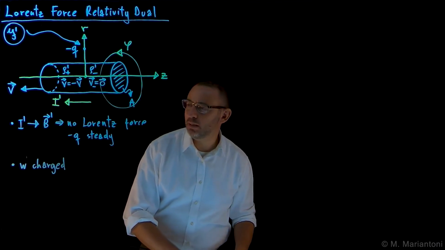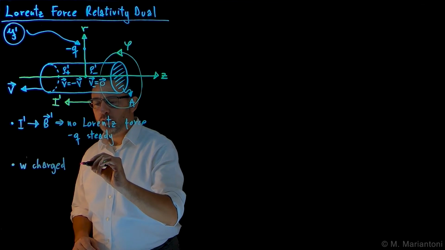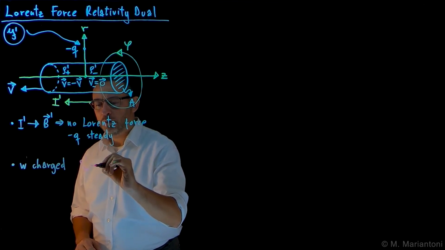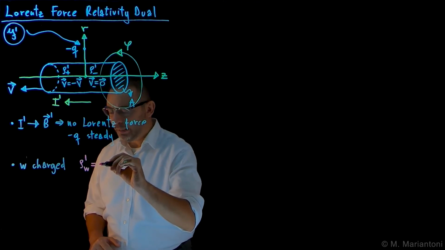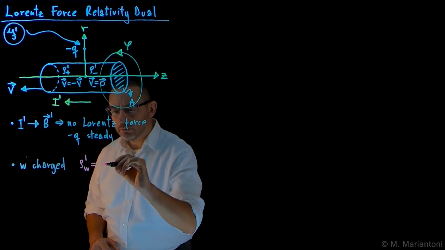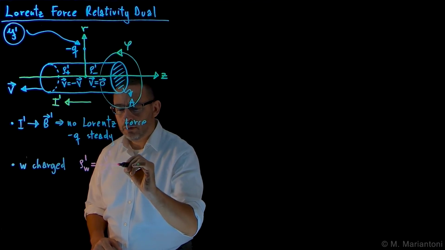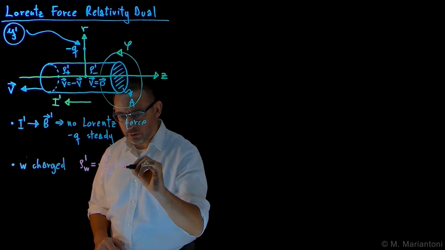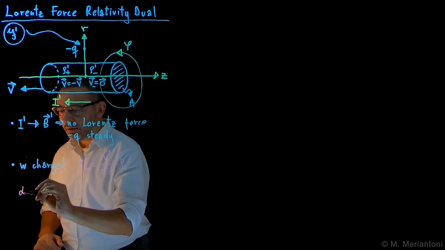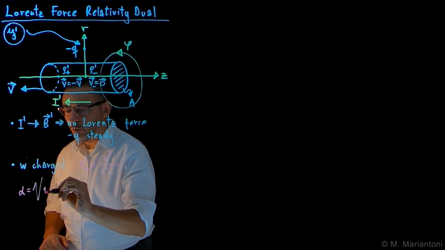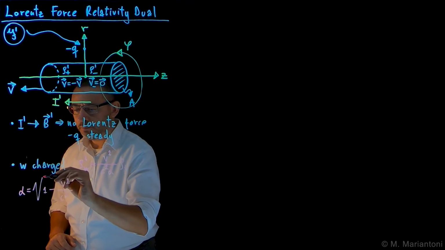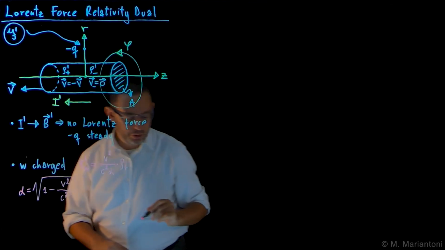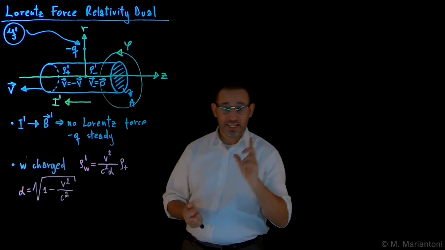We calculated this quantity in the previous video, and we know that rho wire prime, which is rho plus prime plus rho minus prime, is given by v squared divided by c squared times alpha times rho plus, where I remind you that alpha is equal to the square root of 1 minus v squared divided by c squared, the relativistic coefficient we already introduced in the previous video on charge relativity.